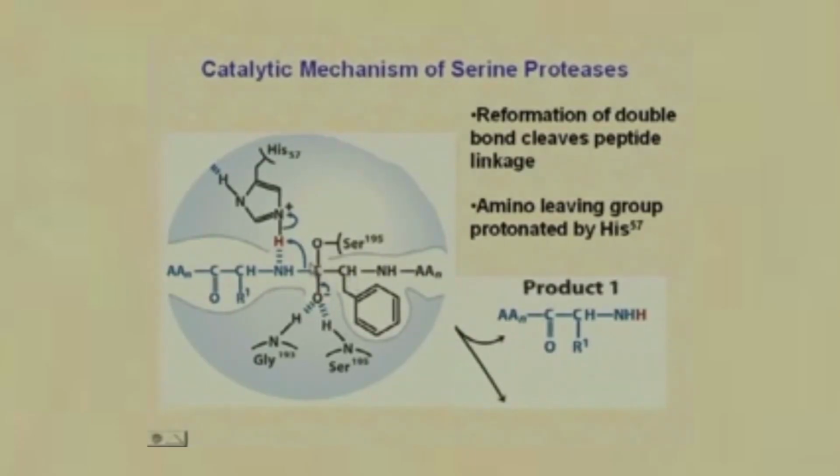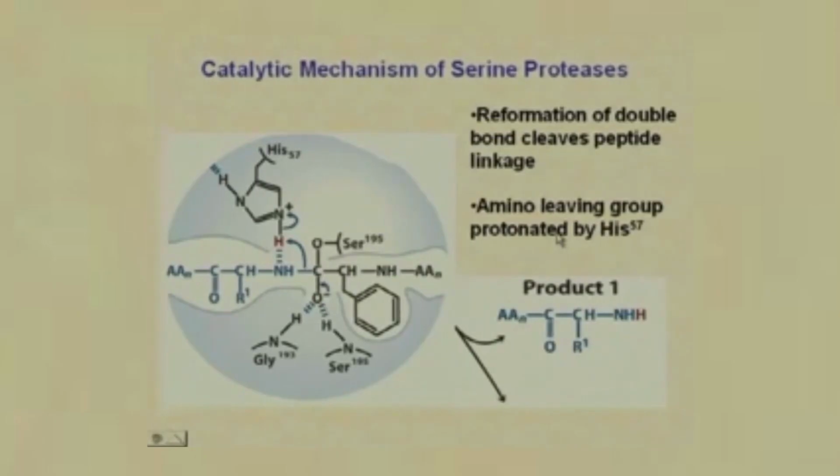But we still have a covalent linkage with serine, right? Serine, or the enzyme, is still linked to the other part of the polypeptide chain. Now we have to remove that. So basically the amino leaving group is protonated by histidine. So what is histidine acting as now?